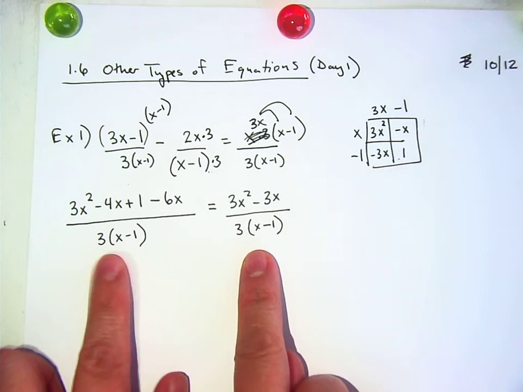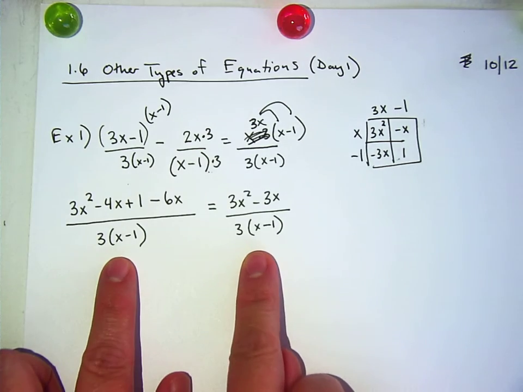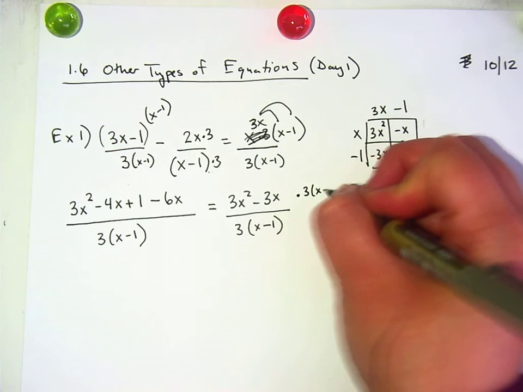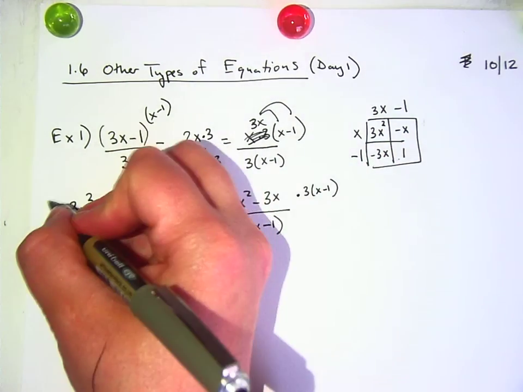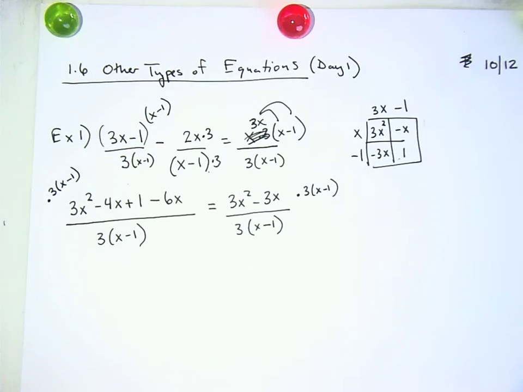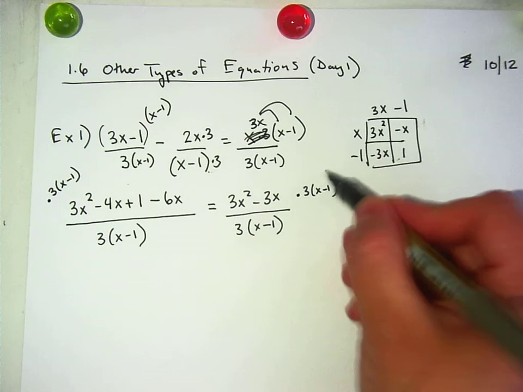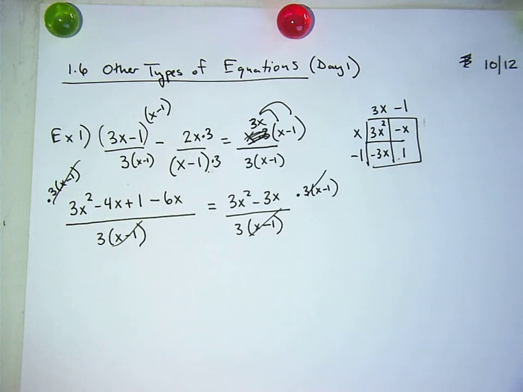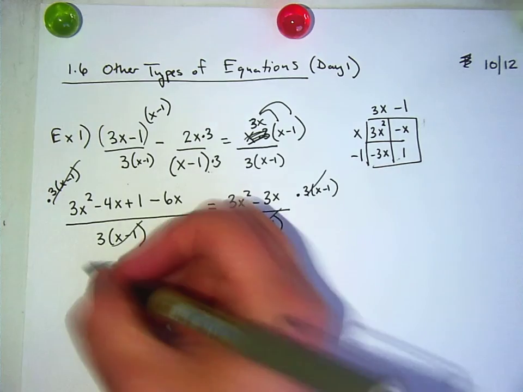So how do you get rid of a divided by 3 times x minus 1 on both sides? So I'm going to just write it like this, and I'm not actually going to do the math. Do you see how I did the same thing to both sides? And that cancels out this and this. And now it looks a lot prettier.